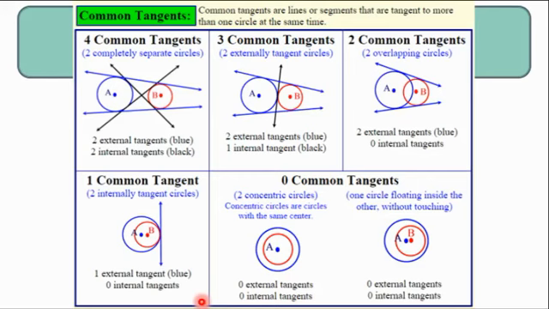And then 1 common tangent is if 2 internally tangent circles, which means that the 2 circles are tangent there, but the 1 circle is inside of the other circle. And so that's when you have 1 common tangent. Zero common tangents, the only way that can happen is if you have two concentric circles. So concentric circles are circles with the same center, or if you have one circle floating inside the other circle without touching.